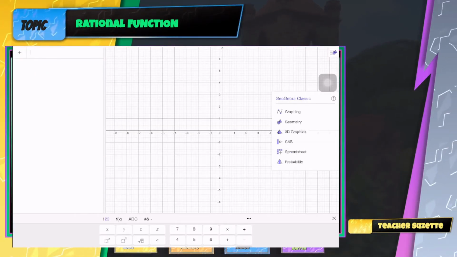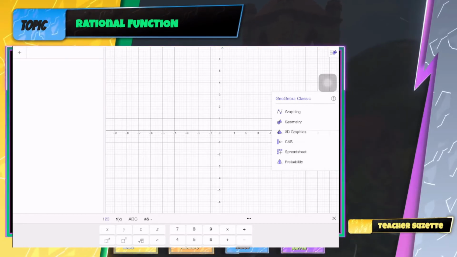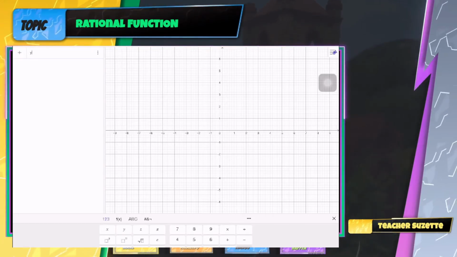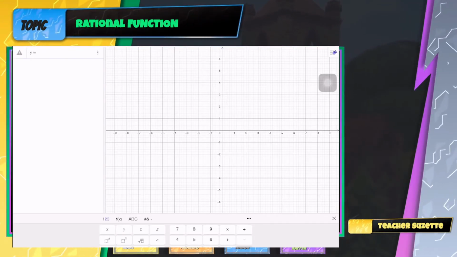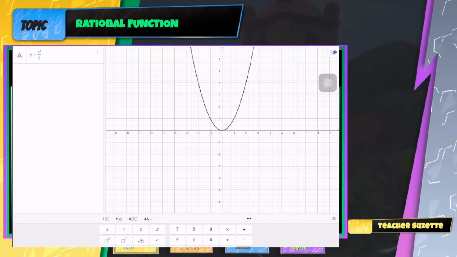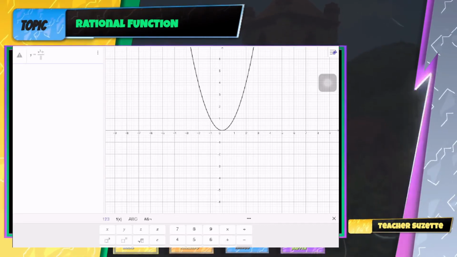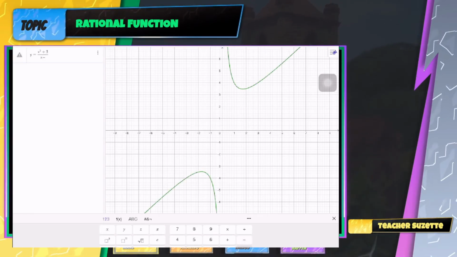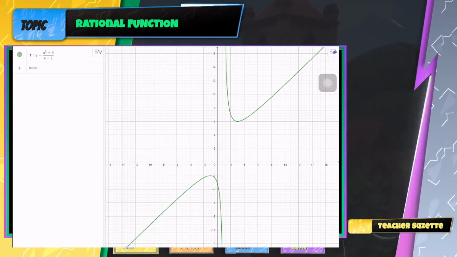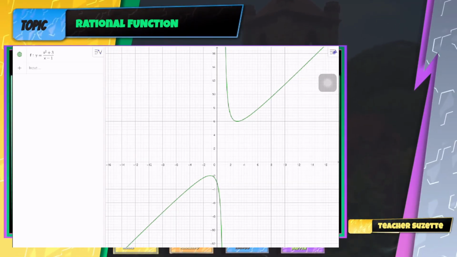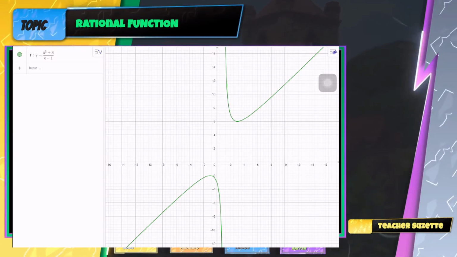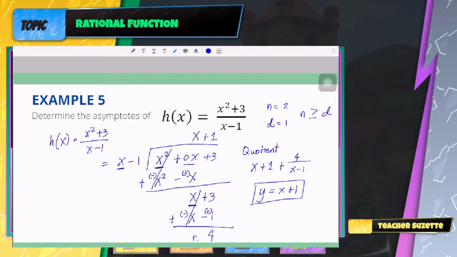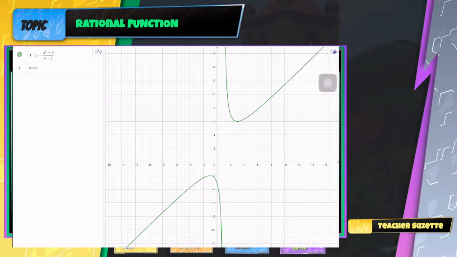So using GeoGebra, we will try to graph our earlier function, which is y is equal to x squared plus 3 over x minus 1. Now, let's see if our slant asymptote, which is y is equal to x plus 1, fits. Let's try to graph it in GeoGebra.